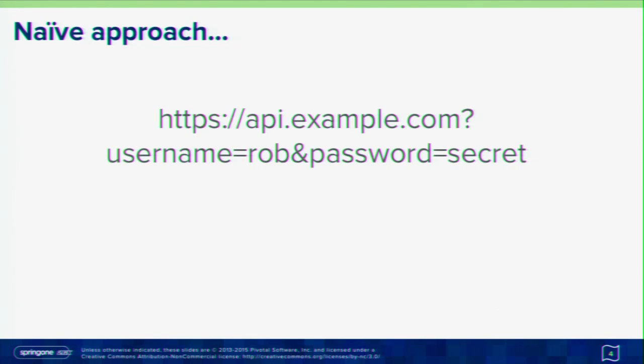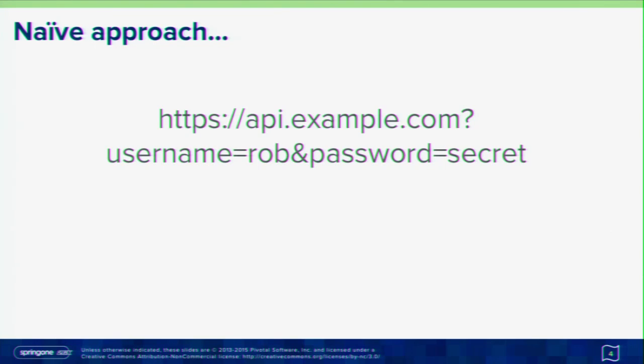Well, here's a naive approach. And other than my password being incredibly difficult to remember, what is wrong with this? I think I hear quite a few people saying the password's in the URI. And that's correct. That is not good, even though it's over HTTPS. So while the query parameters are encrypted, they can be leaked in many different ways.